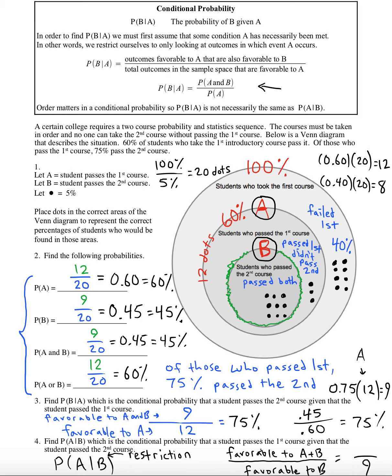How many of them passed both the first and second course? All of them. You can't pass the second without passing the first. So it was actually 100%.